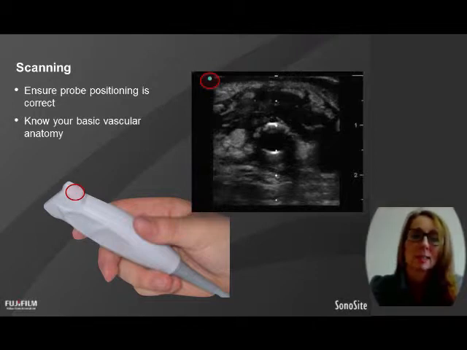The trick is that if you put the probe onto the arm or wherever you're scanning, if you move the probe left, the image should move to the right. If you move the probe to the right, the image should move to the left. In this case, we can see a vessel in the middle. If you move the probe to the right, the vessel would move to the left in your image.